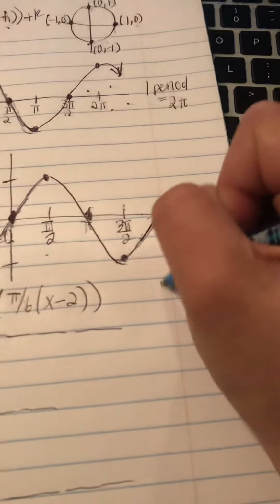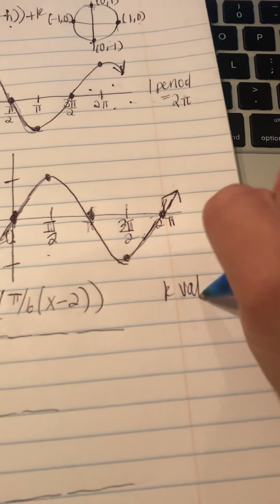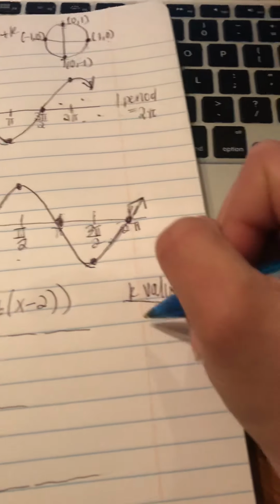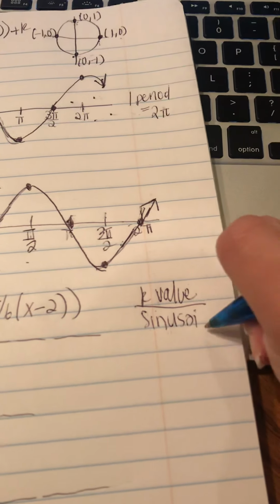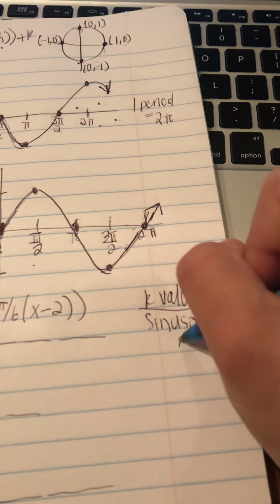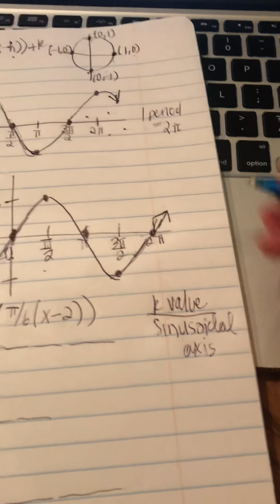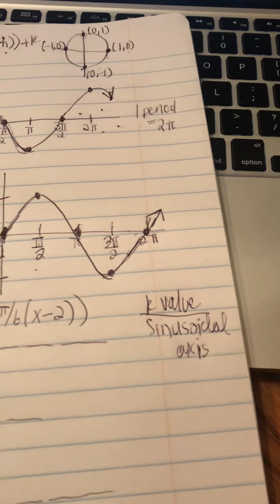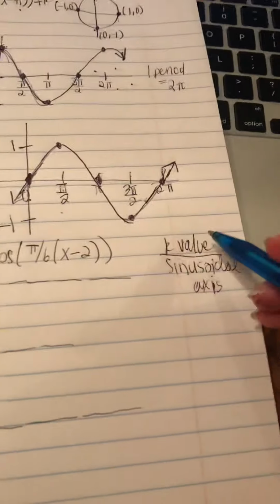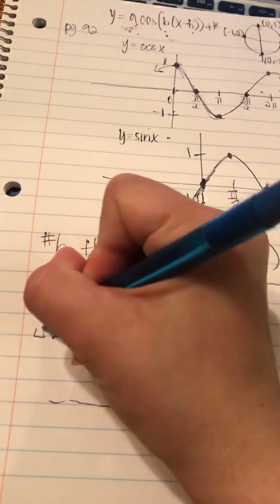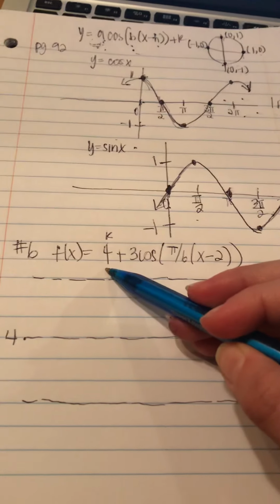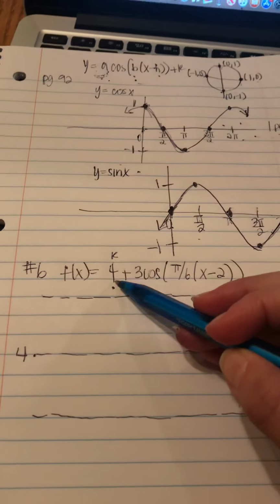Okay, now the K value is always called the sinusoidal axis. It's kind of a weird word, sinusoidal. But this K value represents the middle. So this K value is going to be the number 4, because that's our K value.